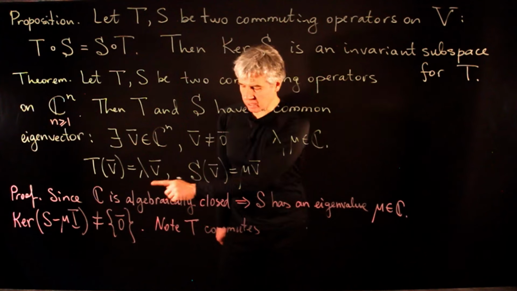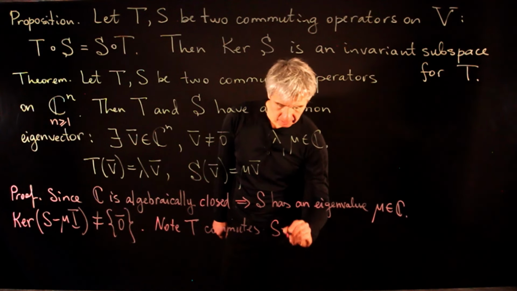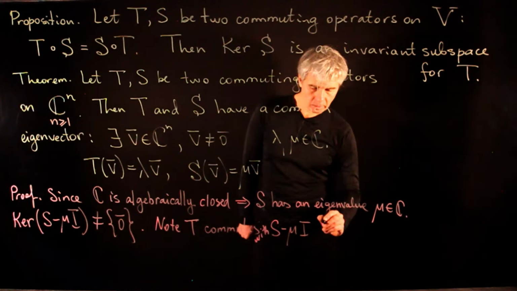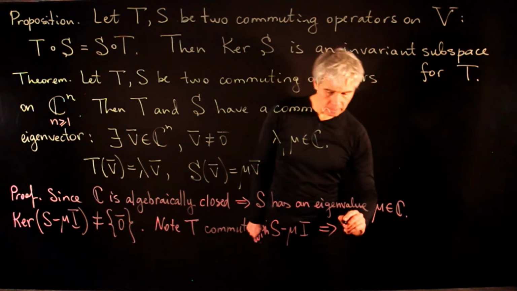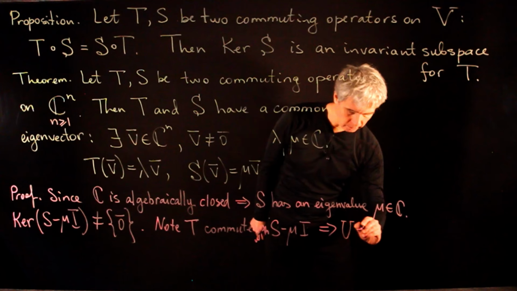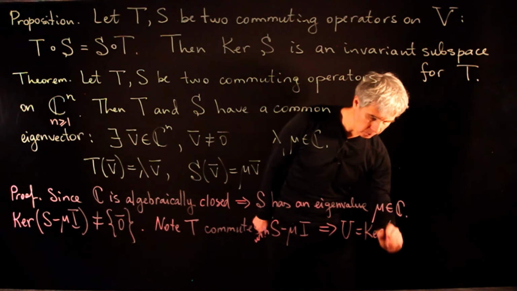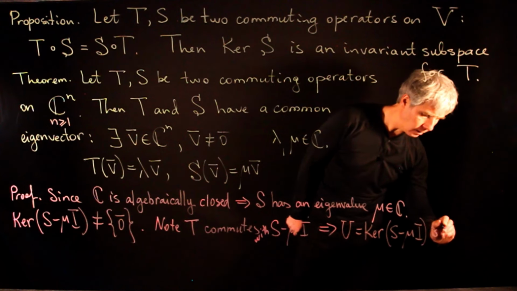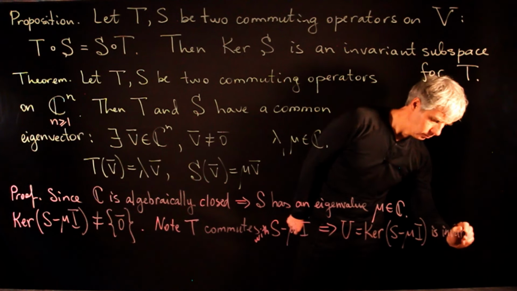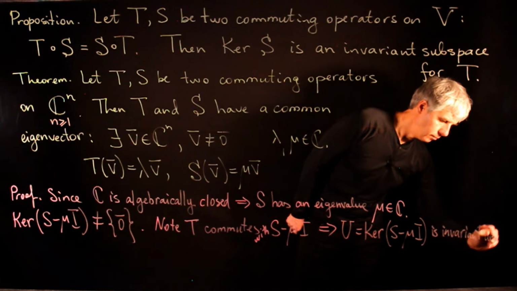And thus, T will commute with S minus mu I. This tells us, by this proposition, that the space U, which is the kernel of S minus mu I, is invariant under T.